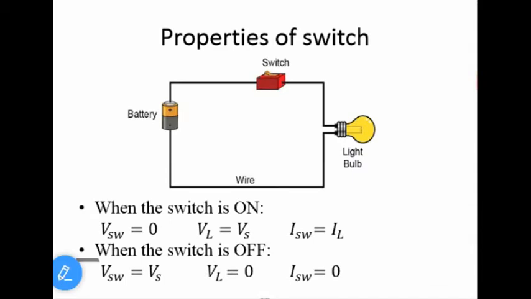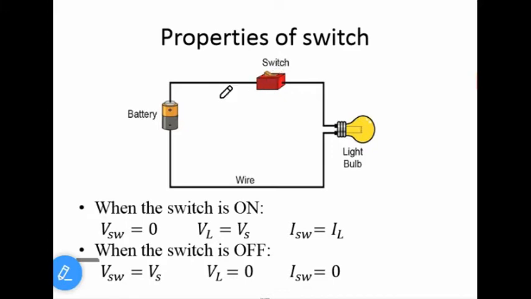class. Now we discussed the properties of a switch, which is very important. If you understand this, you can answer many of the questions we discussed in the previous class and this class. Now we consider two cases of operation of the switch: when the switch is on and when the switch is off.